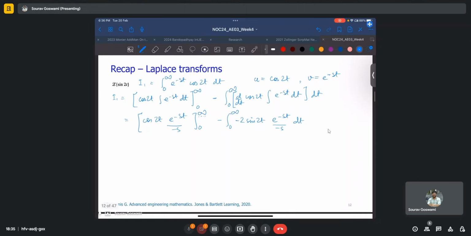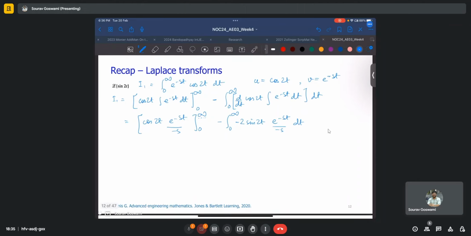Let us evaluate the first term. When t tends to infinity, again cos 2t is finite. Its value will always range between minus 1 and 1. E power minus st tends to 0, so the product will go to 0. And when t is equal to 0, this term will turn out to be cos 0 times e power 0 by minus s, which is minus 1 by s.